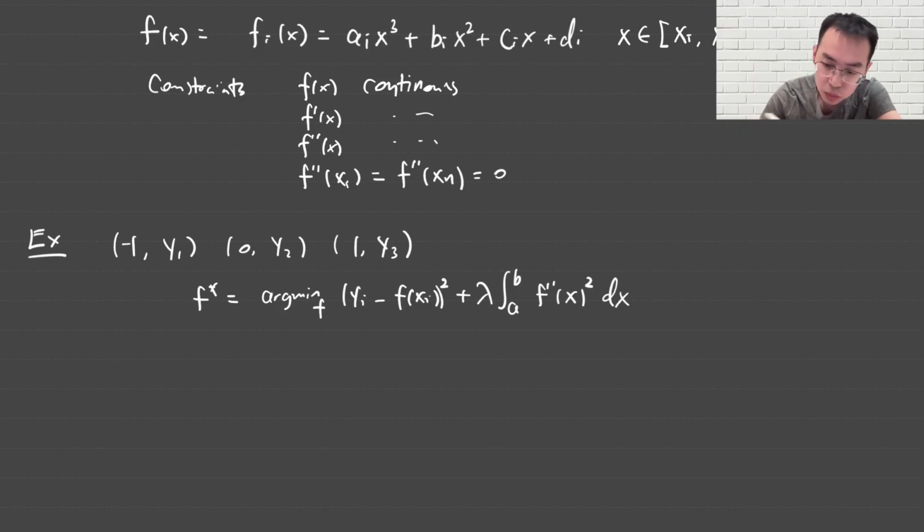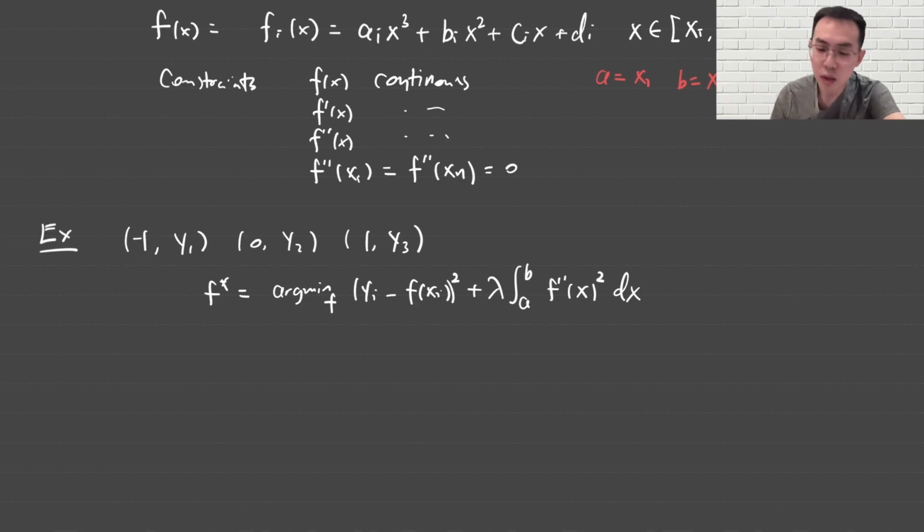I should also emphasize here that a equals x1 and b equals x_n. So that's really the entire region for the curve we want to fit. In this reduced problem, f only has 2 segments.